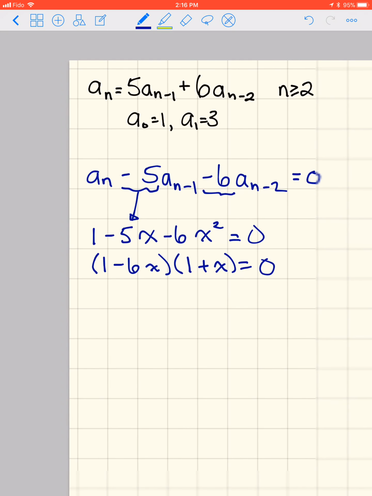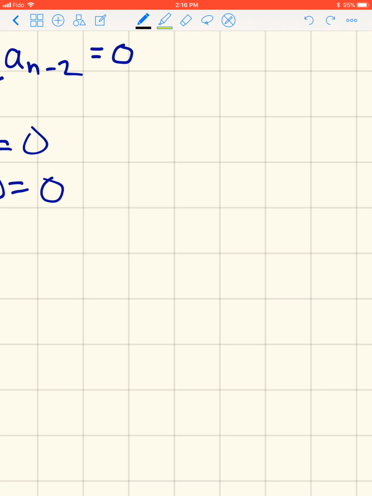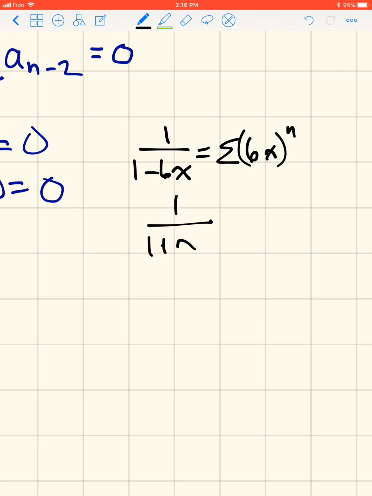And now the step we take hinges on the fact, as you know now, that 1 over 1 minus 6x has a coefficient of (6x) to the n, and 1 over 1 plus x is just the sum of x to the n.